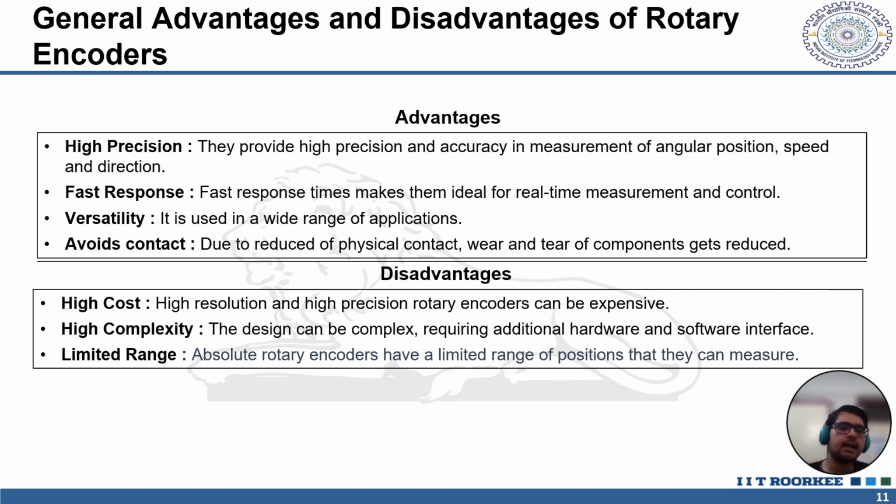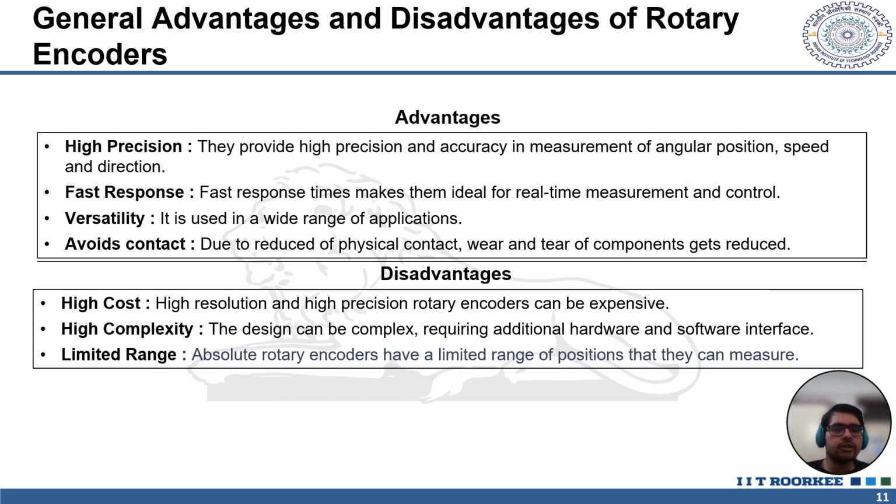Along with this, it has certain disadvantages. Firstly, high resolution and high precision rotary encoders can be expensive. On top of that, the design of a rotary encoder can be complex, requiring additional hardware and software interface. Also, absolute rotary encoders have a limited range of positions that they can measure as they are encoded during the time of their manufacturing.